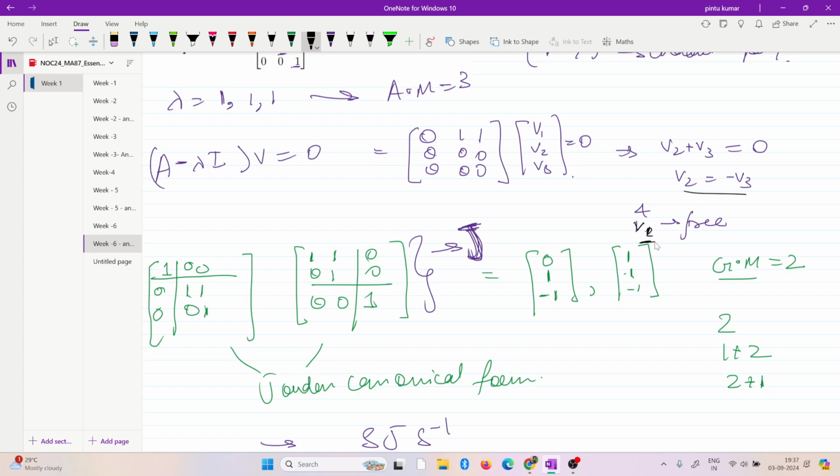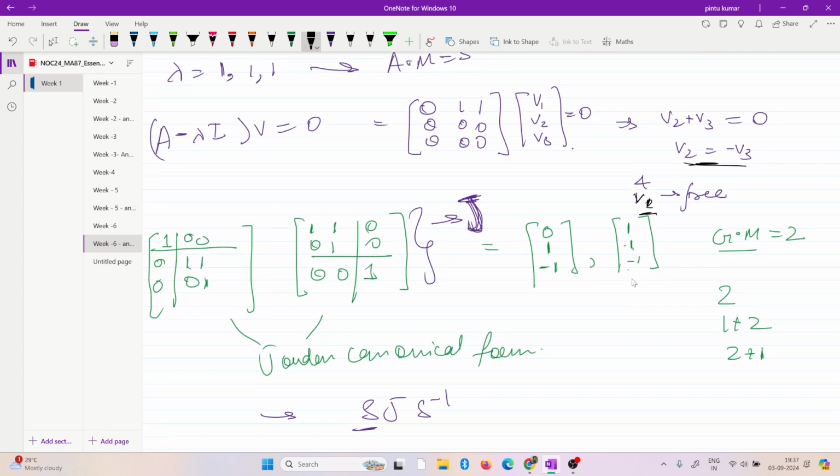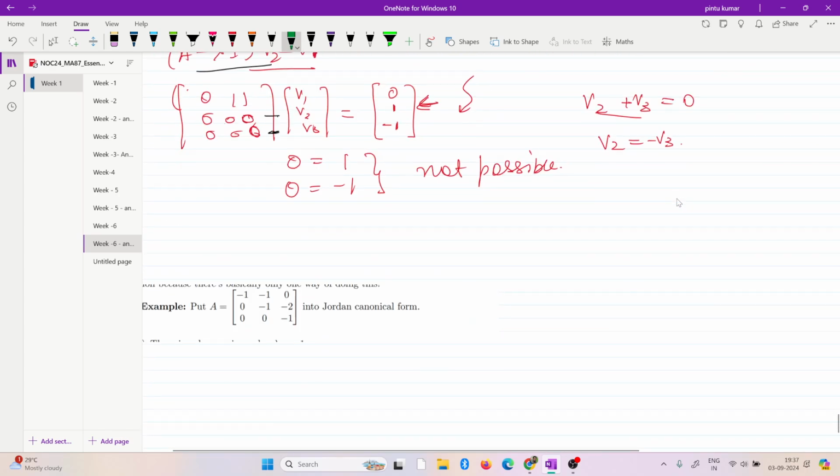Your v1 is free, v1 can take any value, but you should satisfy this condition on v2 and v3. So the eigenvector can be 1, 0, 0, right? For this also v2 is equal to minus v3 and v1 is free.